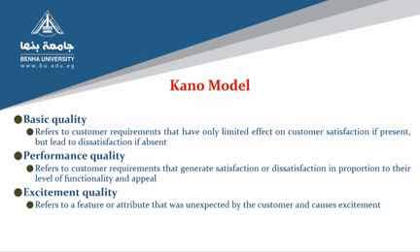The Kano model. The Kano model is a theory of a product and service design developed by Dr. Noriaki Kano, a Japanese professor who offered a perspective on customer perceptions of quality, different from the traditional view that more is better.